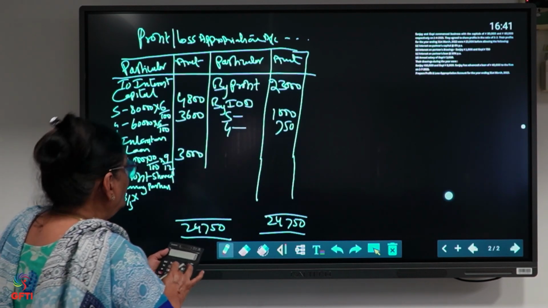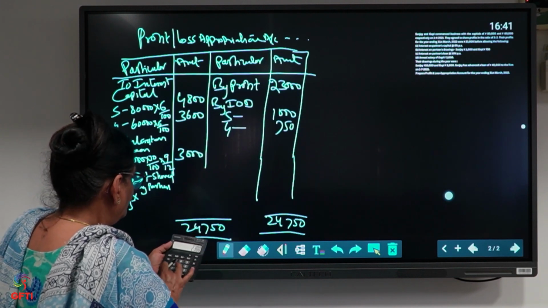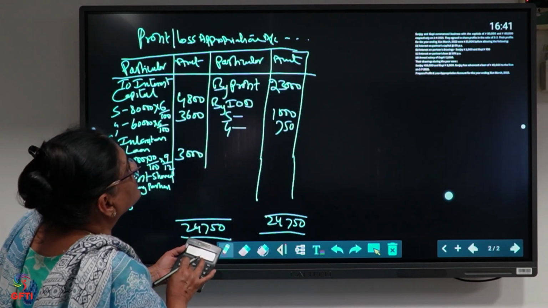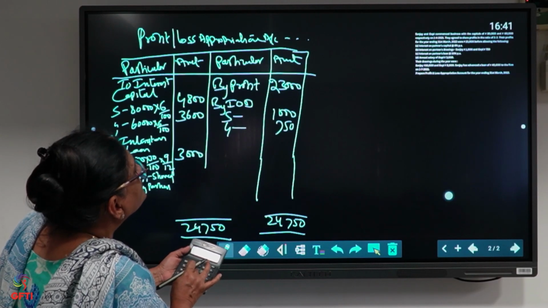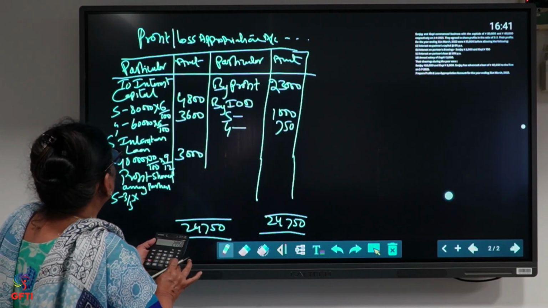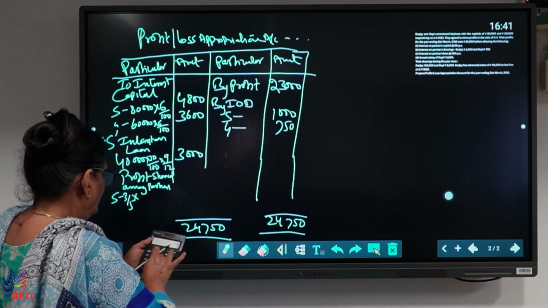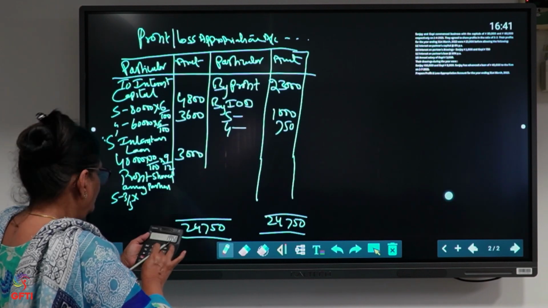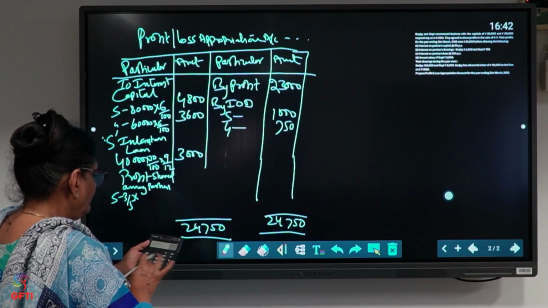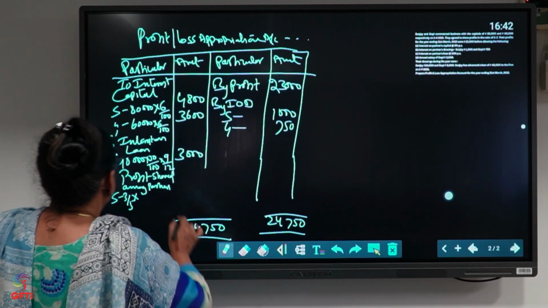Just check: 23,000 plus 1,000 plus 750 is 24,750; minus 4,800, minus 3,600, minus 3,000, 13,350.